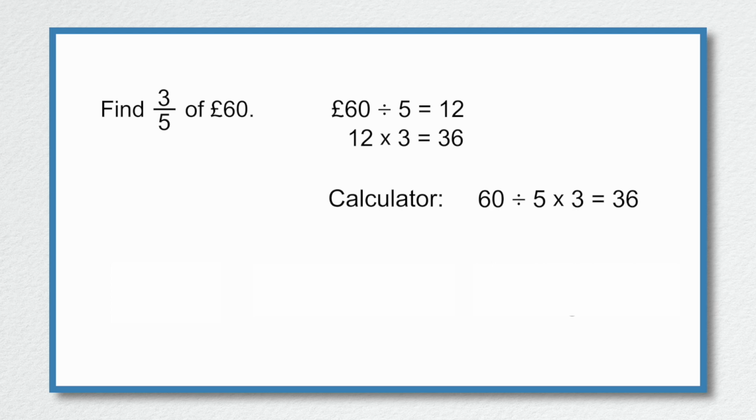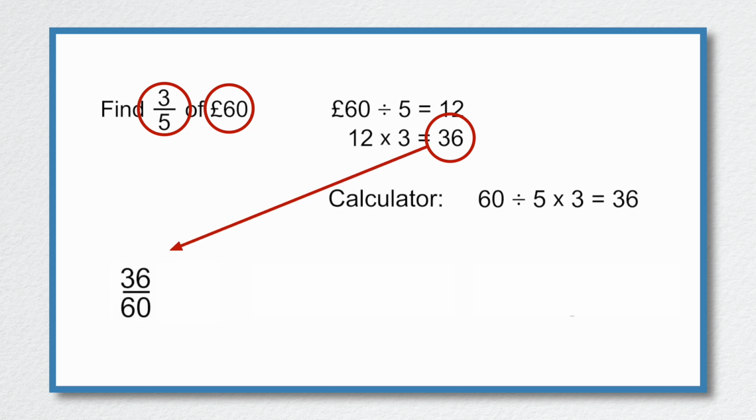Again, let's look at the relationship between the number we started with, the answer, and the fraction that we used. So writing a fraction with the answer as the numerator, which is 36, and the denominator of 60, which is the amount we started with, we end up with 36/60.